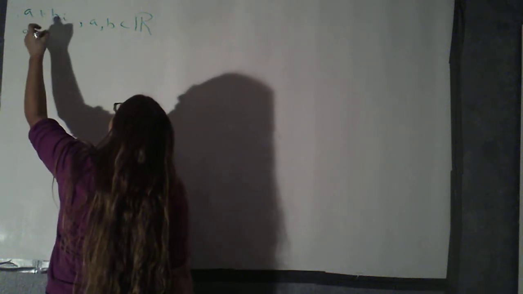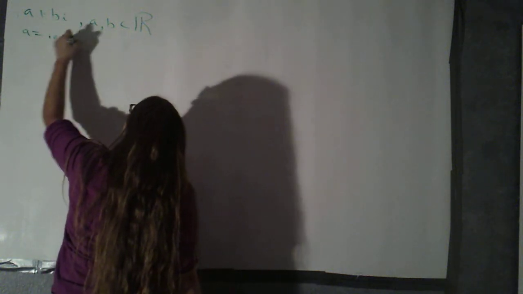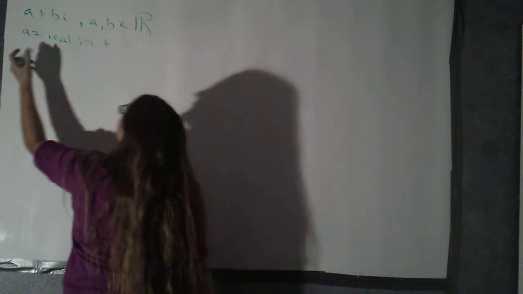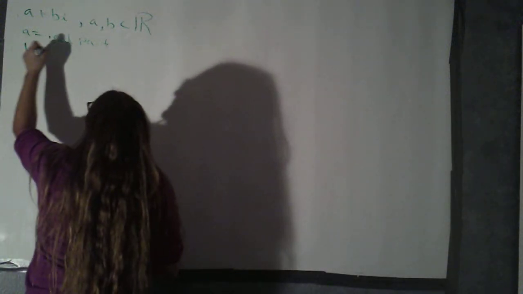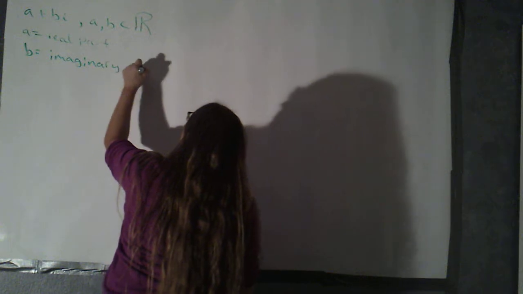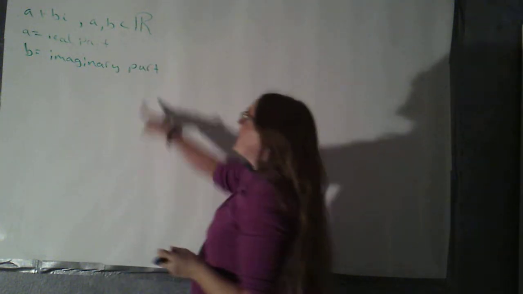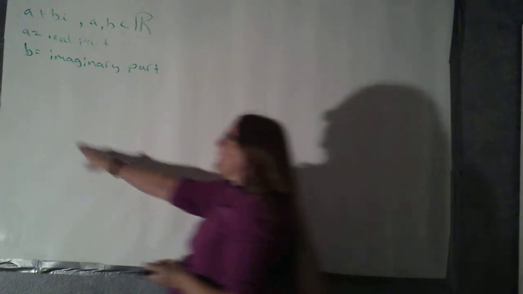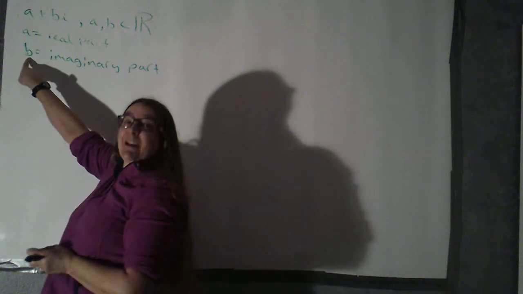Okay. We say here that a is the real part. And let me get a new marker. And we say that b is the imaginary part. Now, one thing that's super important here, the imaginary part is a real number.